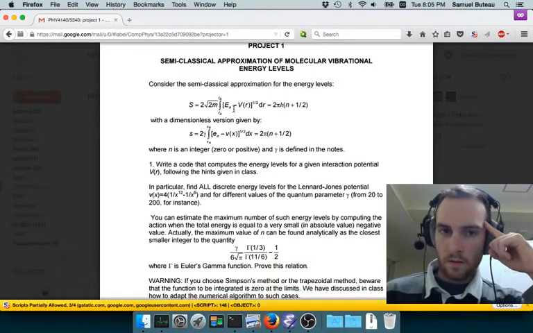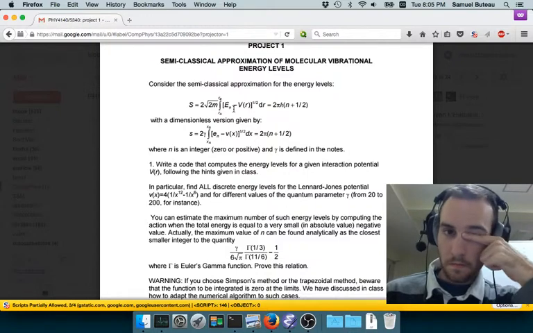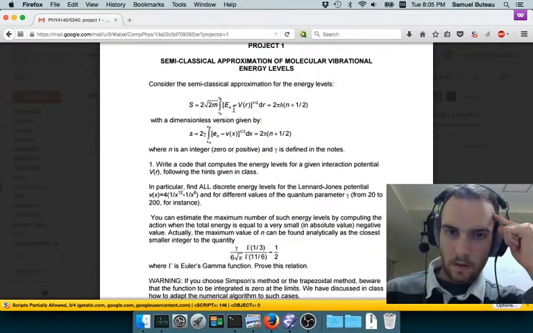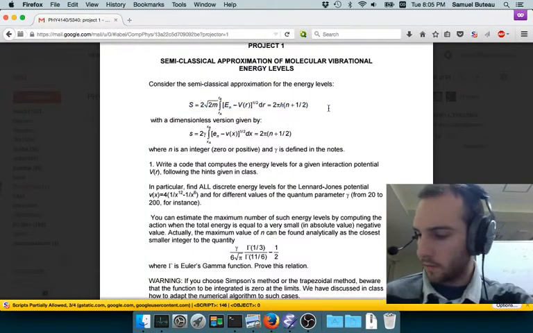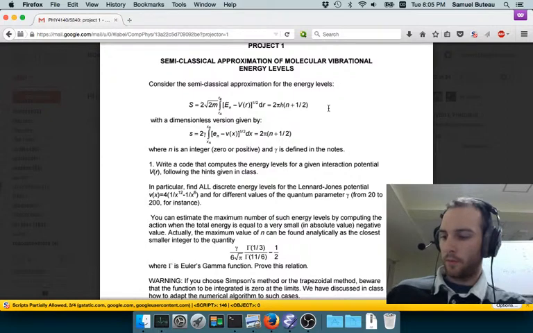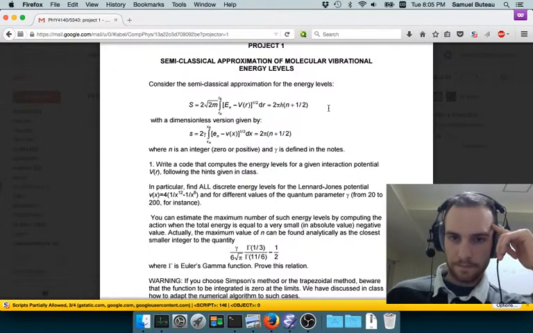And the action has to satisfy a certain constraint because of reasons that we will not discuss.